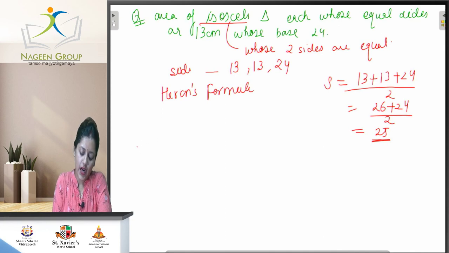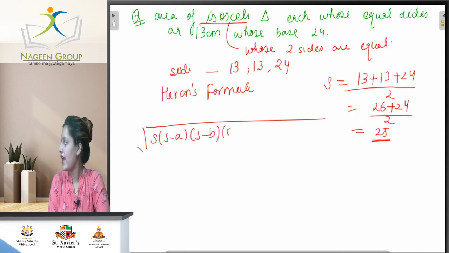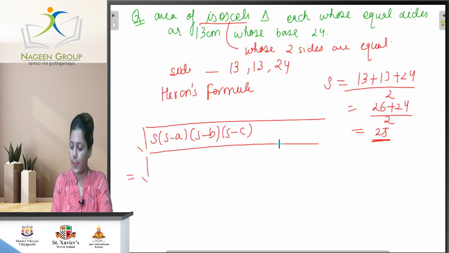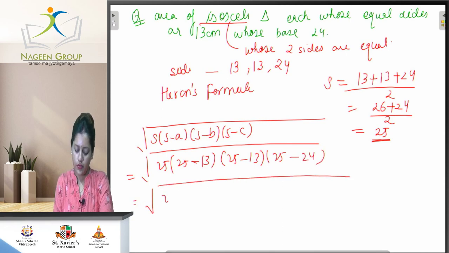Now the formula is under root S minus A, S minus B and S minus C, under root 25 minus 13, 25 minus 13 and 25 minus 24, under root 25 into 12 into 12 into 1.